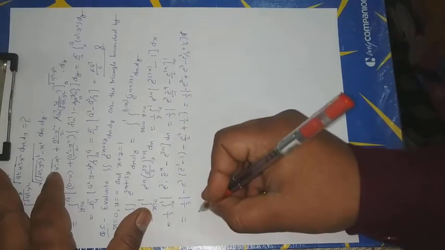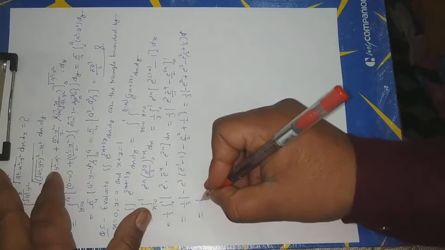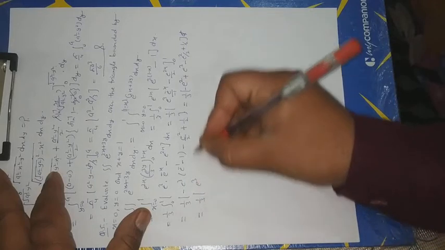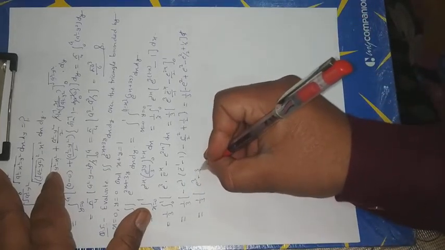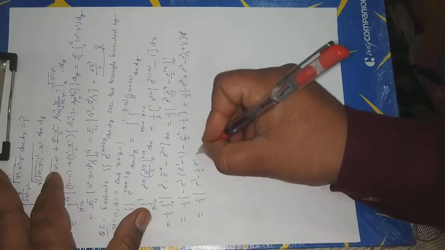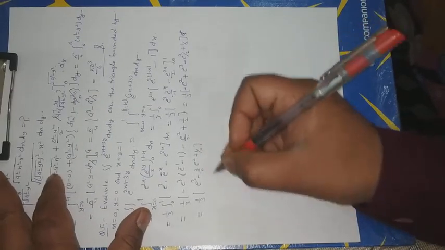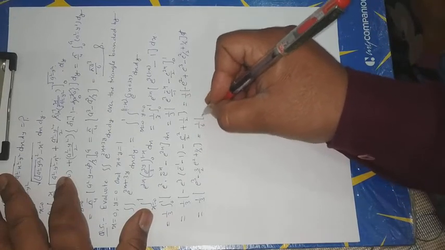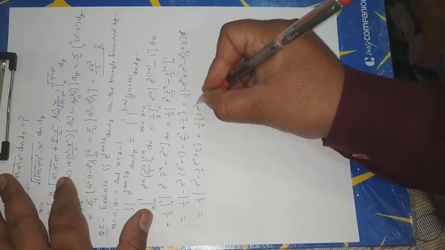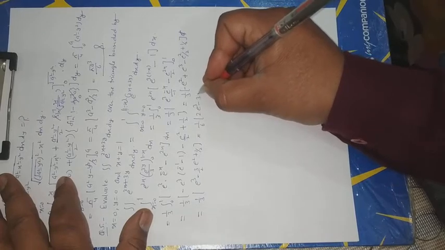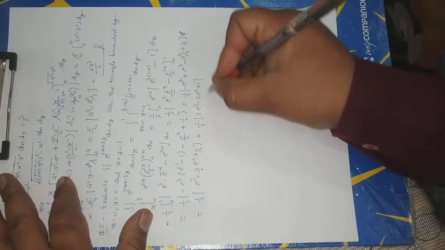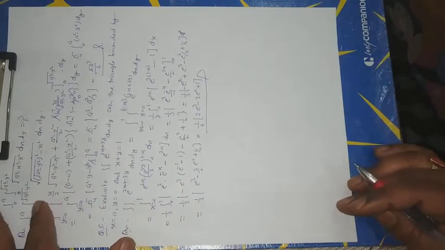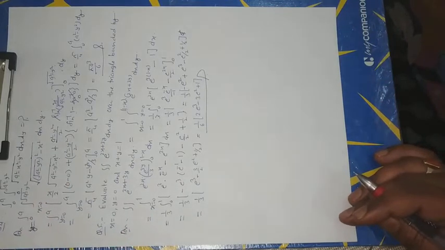Now we can write 1 upon 3 e to the power 3 minus 3 by 2 e square plus 1 upon 2. Now we can write 1 upon 6 (2e cube minus 3e square plus 1). This is the value of the integration.